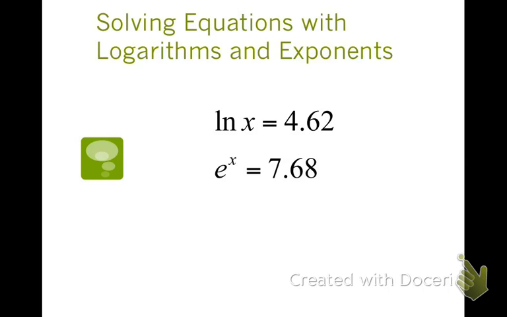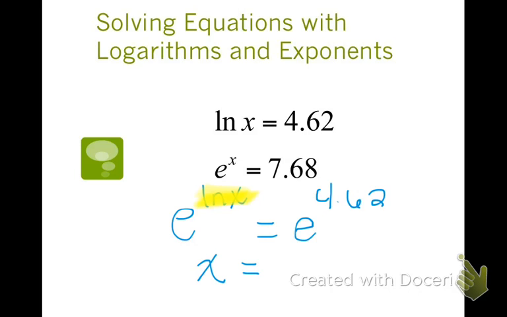So what I'm going to do is take e, raise it to the ln of x, and then take the same thing over here. Since this is log base e in the exponent, that just reduces down to x, and then we can plug the rest of it into our calculator. Second ln, put in 4.62 as the exponent, and we get 101.49. And there's our answer.